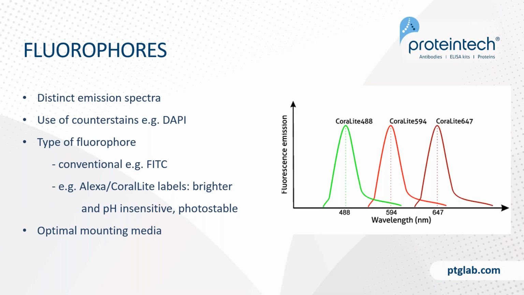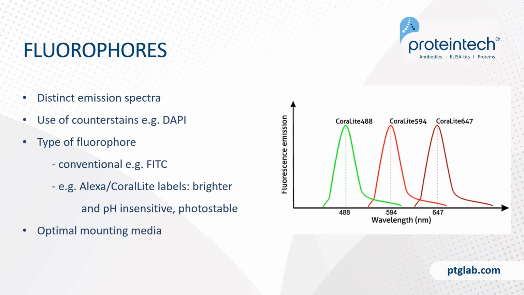The type of fluorophore we use is also important. Conventional fluorophores such as FITC or Texas Red are perfect for the majority of applications. However, the newer types of fluorophores such as the Alexa or CoraLite labels are brighter and pH insensitive and are often more photostable, and these will be good for samples that require high-level confocal imaging.